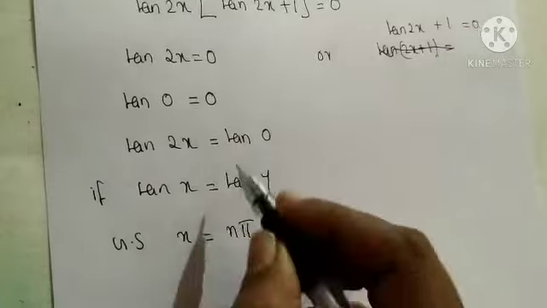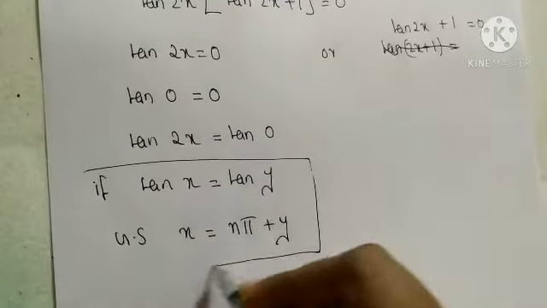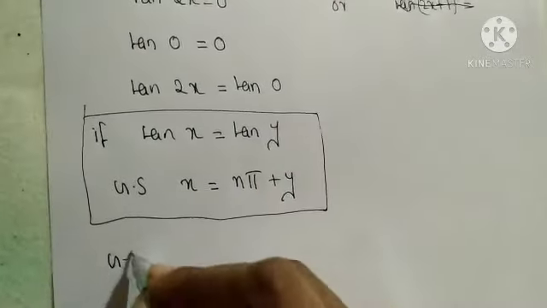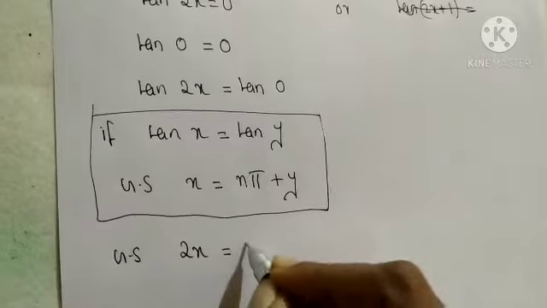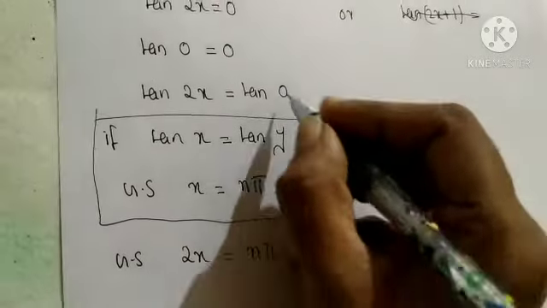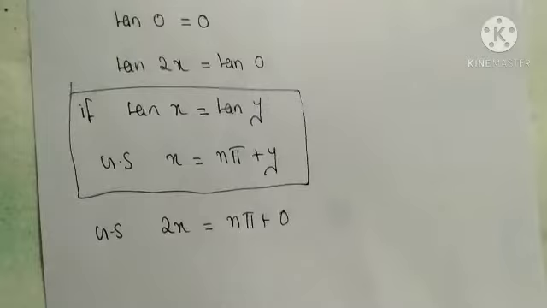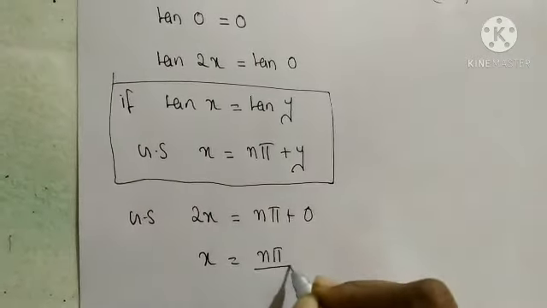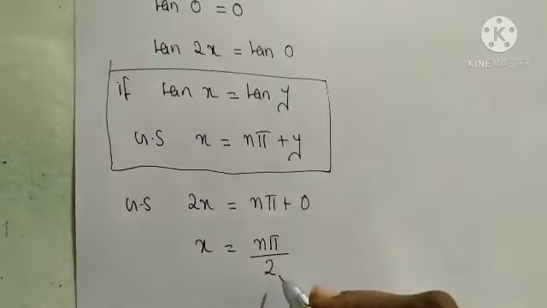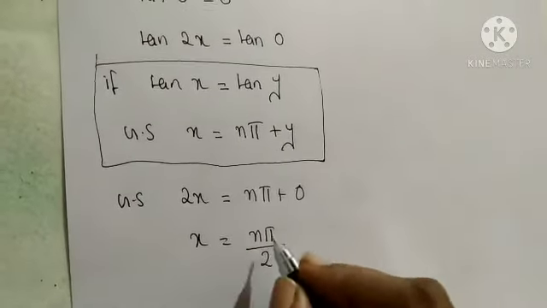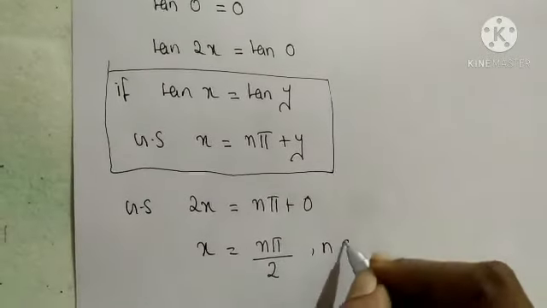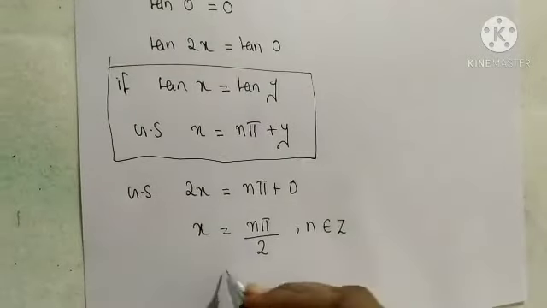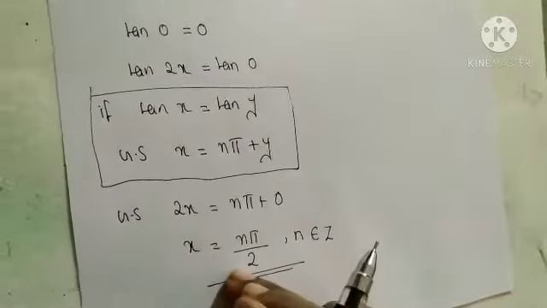Right, so comparing these two terms, here tan 2x equal to tan 0. So the general solution 2x becomes n pi plus y, where y is 0. Okay, so from this, taking the 2 to the RHS, x equal to n pi by 2. Always remember n is an element of Z, the set of all integers. Okay, this is one of the general solutions.